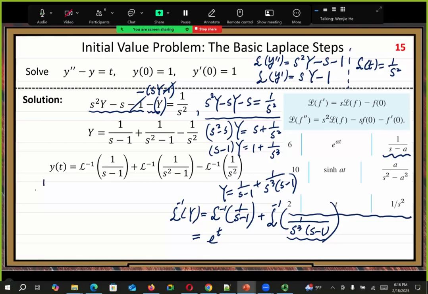First, let's look at this fraction first, because the structure of this fraction is pretty simple.